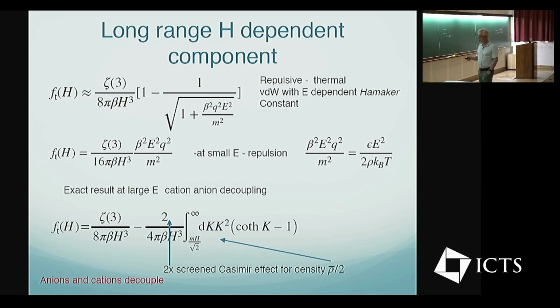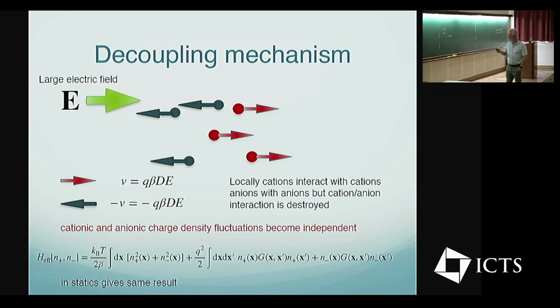Okay, and the reason for this, and this is the amazing thing, is that the anions and the cations decouple. As I was saying before, I have 2 frames, and I can decide to move along, on average. You see these cations are moving with this velocity here. So they're on the same train, so they stay relatively close to each other, and their charge density fluctuations interact with each other.